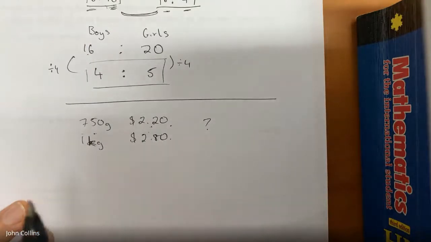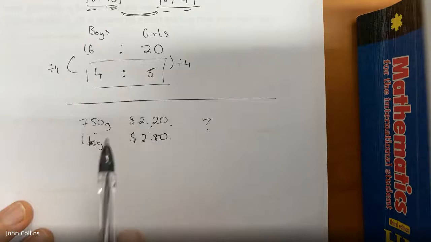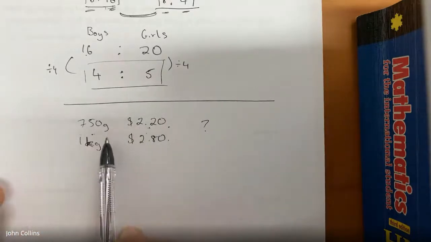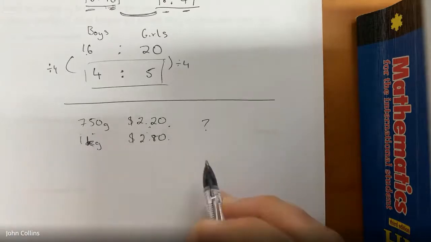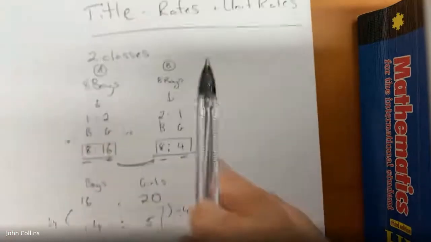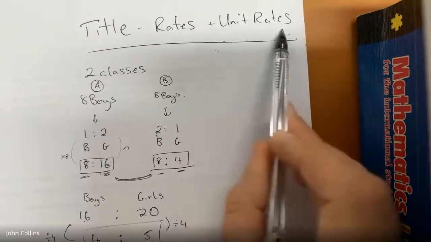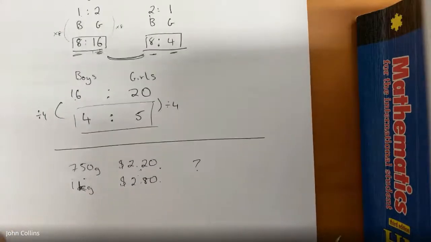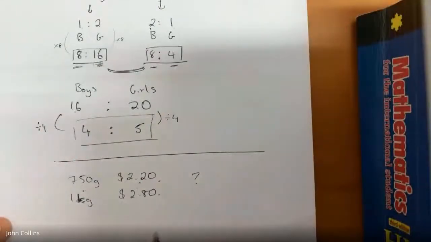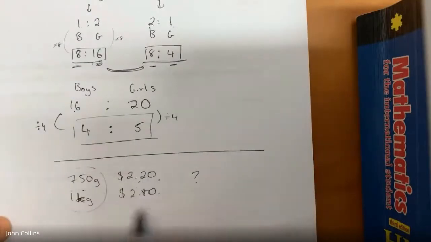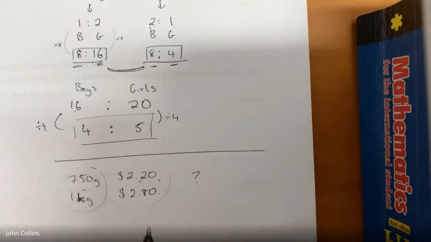We're not entirely sure because we're not comparing like with like. This is a cost comparison, or you can use something called unit rates to compare, if we get them both to the same unit. At the moment, these are different units and different prices, so we want something to be the same so we can compare.